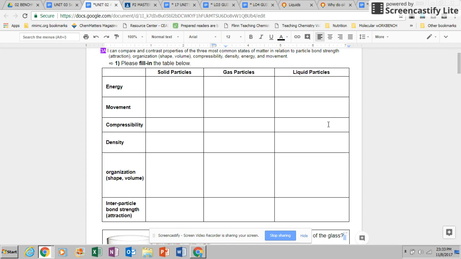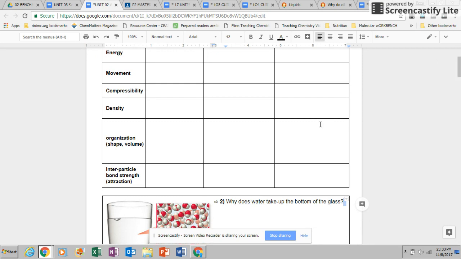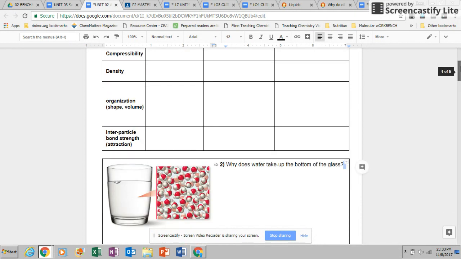And they are almost incompressible, virtually incompressible, because the particles are close. As far as density goes, moderate amount of density, or how packed they are. Organization, not really well organized, but more than a gas, not as organized as a solid. Interparticle attraction or bond is moderate.